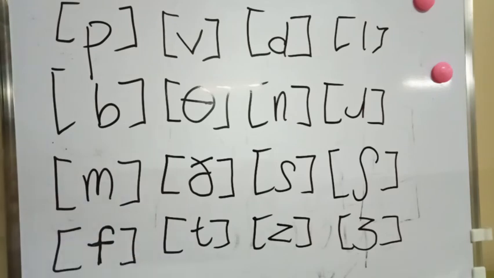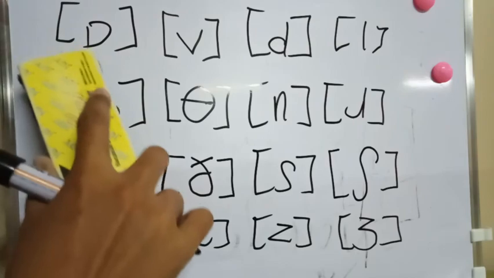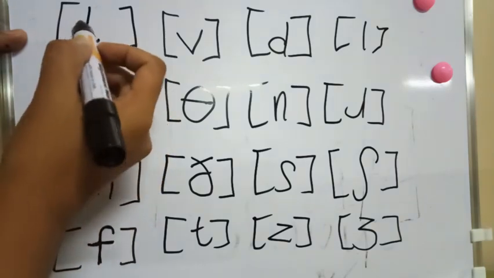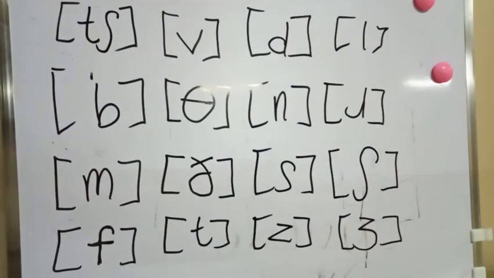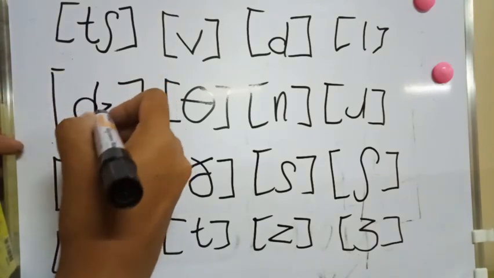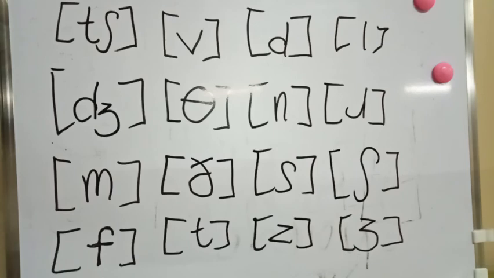Okay, next we have this symbol. This symbol is pronounced ch, as when you say chat, leech, wretched. Then we have this symbol. You pronounce that as j, when you say gin, edge, edger.